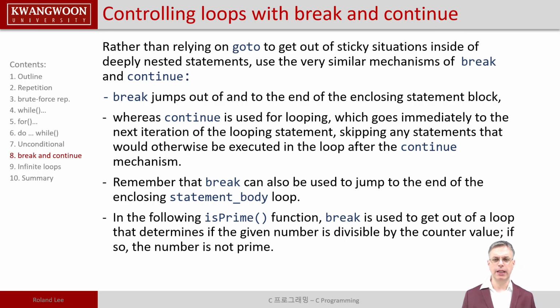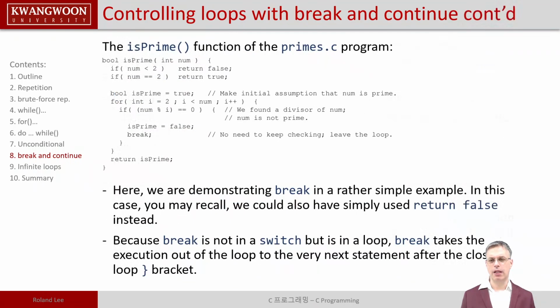In the following isPrime function, break is used to get out of a loop that determines if the given number is divisible by the counter value. If so, the number is not prime. The isPrime function of the primes.c program can be seen in the following code block.